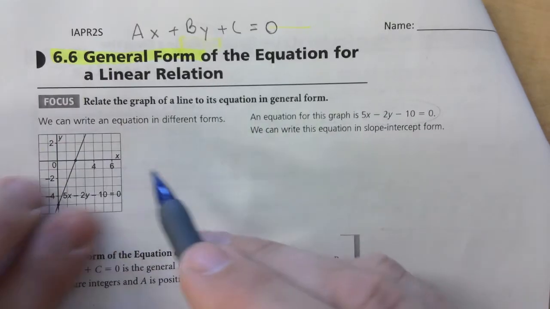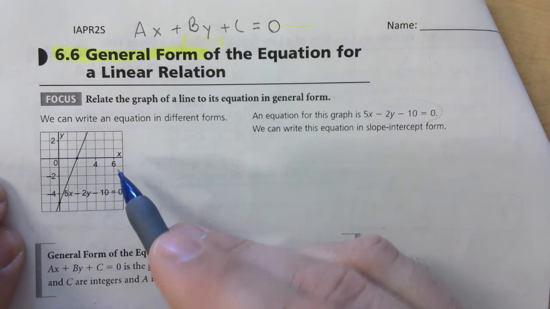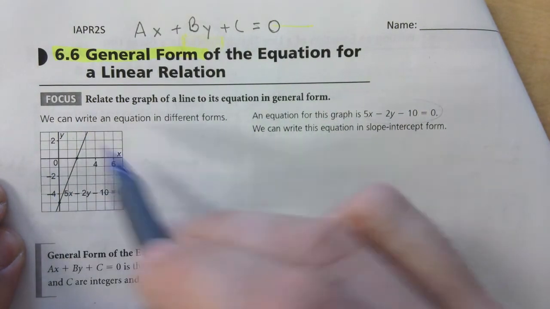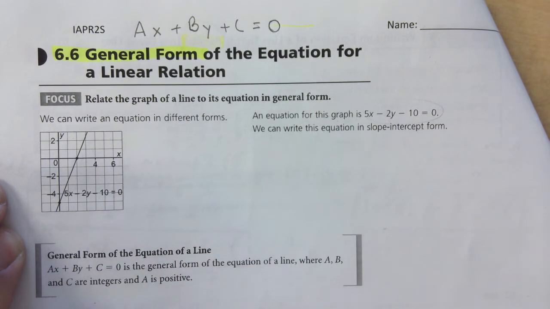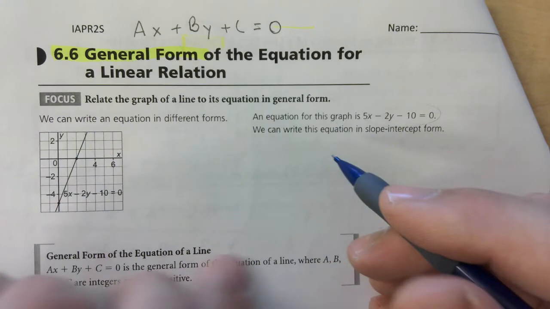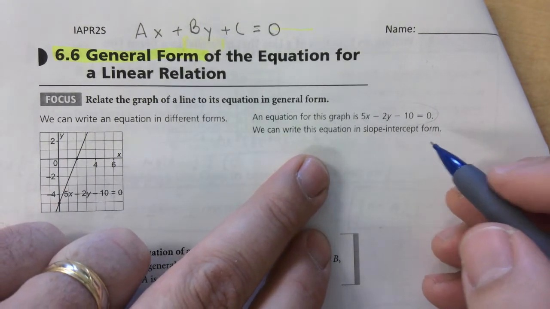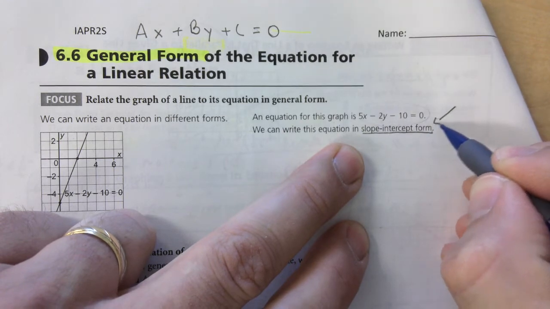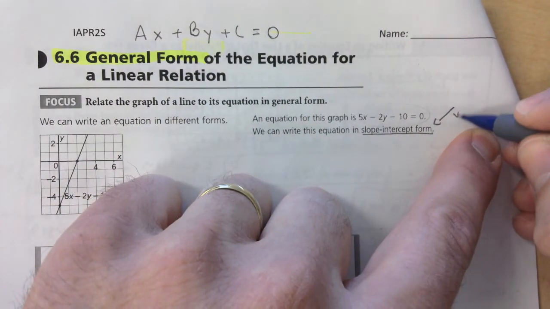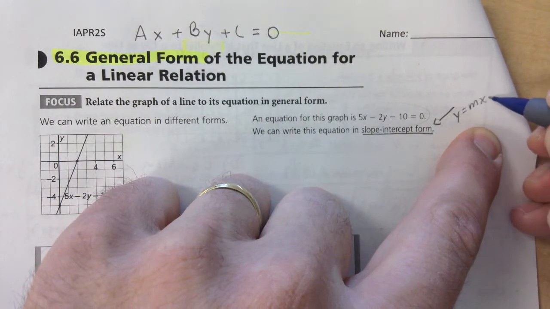And then we're going to go to the graph and see if we could come up with the same equation just by looking at the graph, which is the preferred method, right? If you have a graph, go by the graph, okay? So let's do this first. So you want this in slope-intercept form, which you should recognize is y is equal to mx plus b.